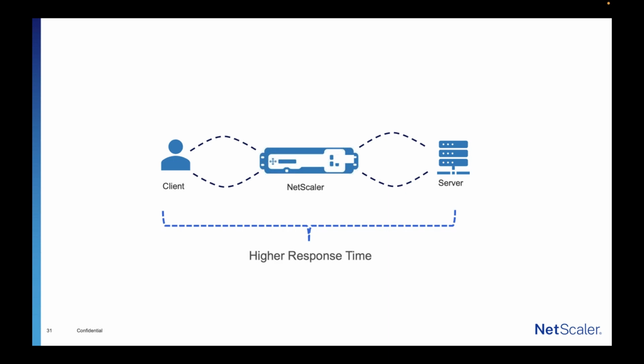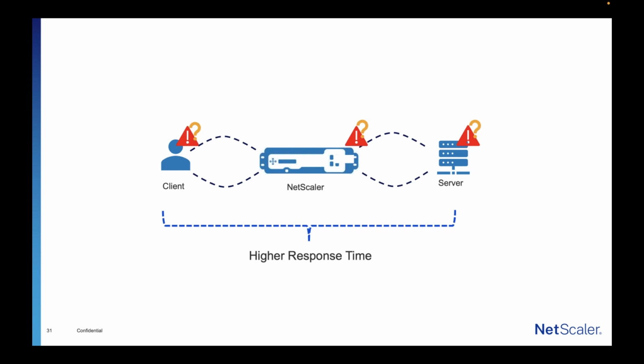But what if a client comes and tells you there's a higher response time, the application has been performing very slow and he is not able to access it? What will you do? Where do you start from? You don't know whether to start from the client, from NetScaler, or whether you need to start troubleshooting from the server.